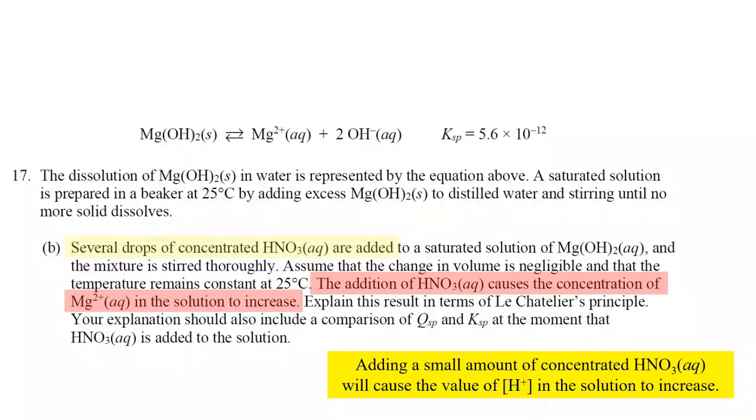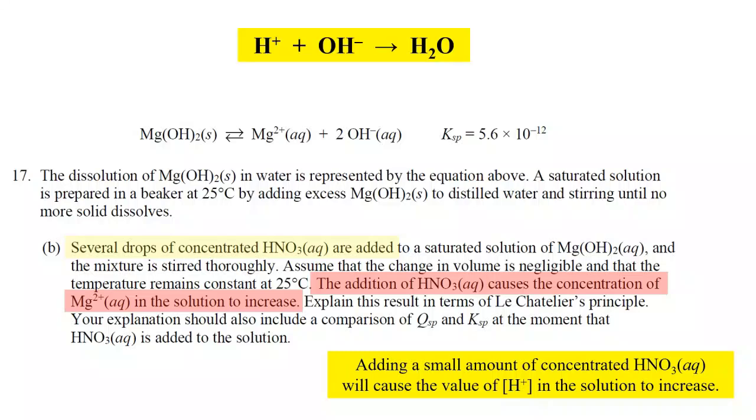added to the solution. So nitric acid is added, so adding a small amount of concentrated nitric acid will cause the concentration of the H plus ions, or the hydronium ions, in the solution to increase. Now you don't see any H plus ions in this equation for the dissolution of magnesium hydroxide. However, the H plus ions will affect the concentration of the hydroxide ions.